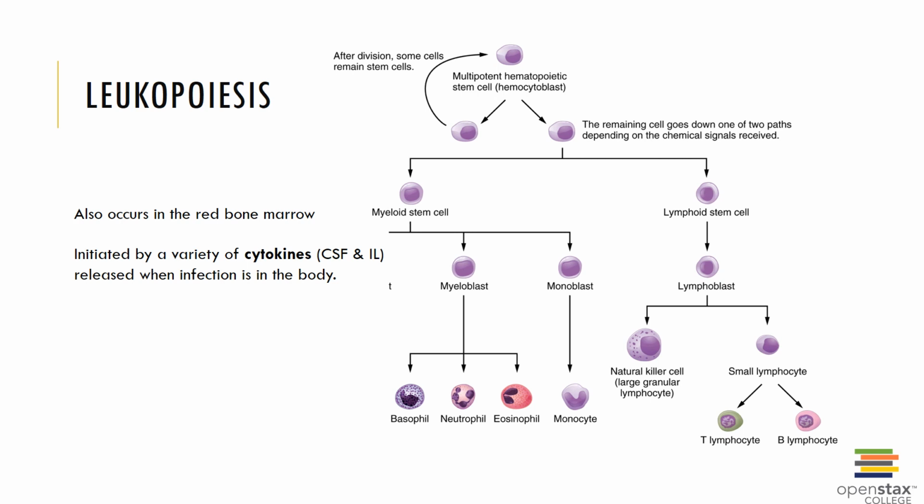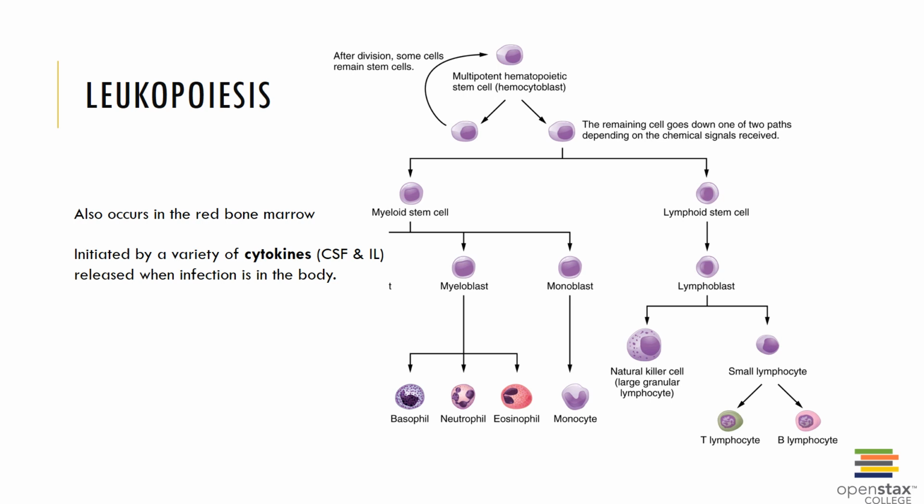The production of leukocytes is also known as leukopoiesis. This also occurs in the red bone marrow, but is initiated by a variety of cytokines released when infection occurs in the body, rather than by the hormone erythropoietin.